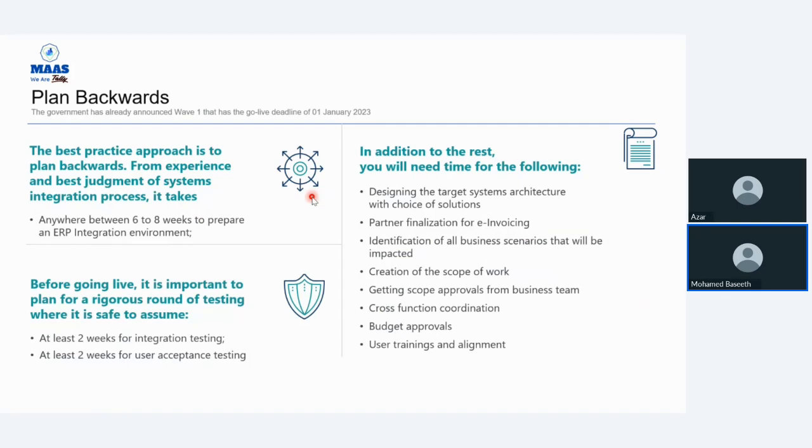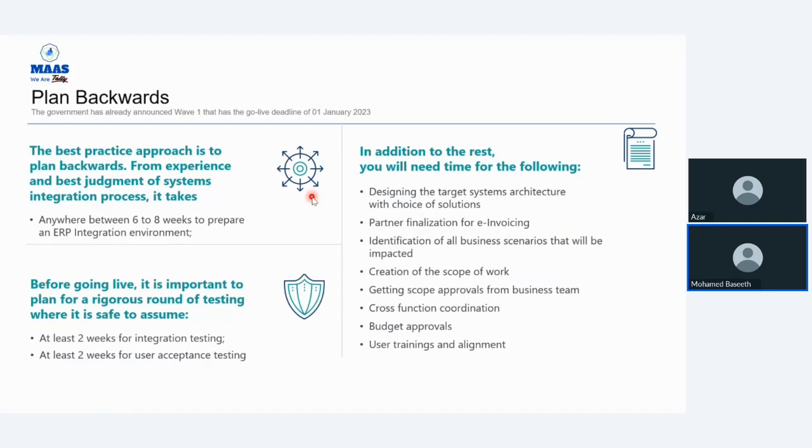And then normally there will be a rigorous amount of testing. To be careful and to prevent any user-made errors, there will be testing of the same process without sending the information to Zatka, to make sure that the users are able to do that.